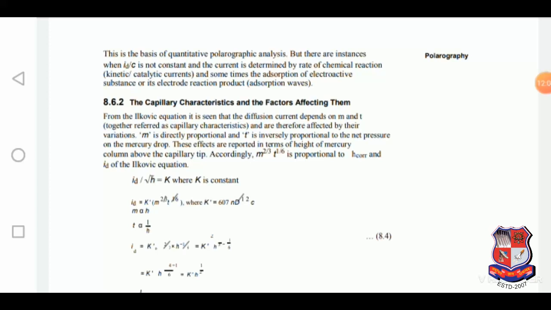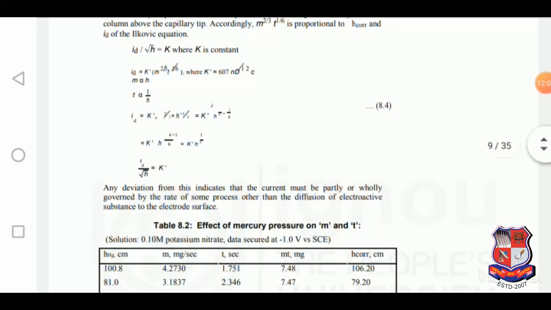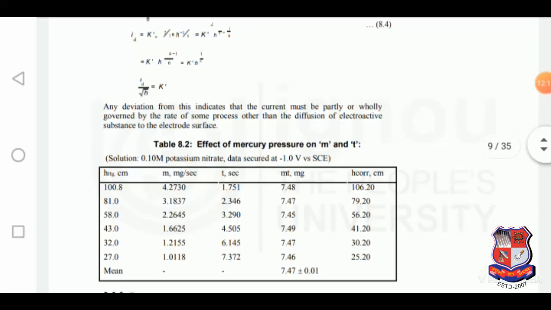According to this, m raised to 2/3 and t raised to 1/6 is proportional to h to the power half, and so is ID of the Ilkovic equation. Any deviation from this indicates that the current must be partly or wholly governed by the rate of some process other than diffusion of electroactive substance to the electrode surface.